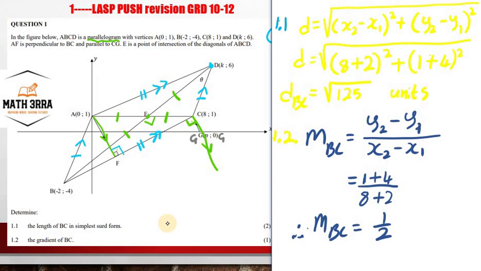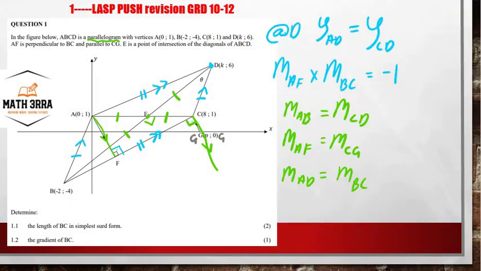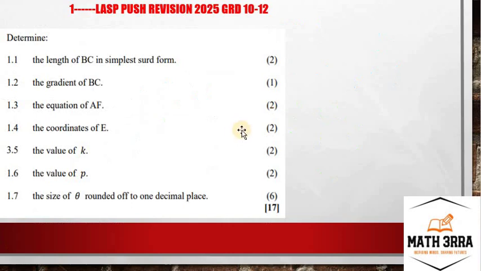Was that hard? Now, I'm going to pause here and break this video into the first part. Before you look at part 2 of the video, in which I'm going to be continuing with this very same exercise, we've done 1.1 and we've answered 1.2. In part 2 of this revision paper, I'm going to be going from 1.3 all the way into the last question.